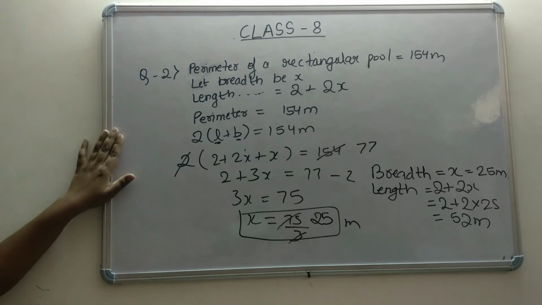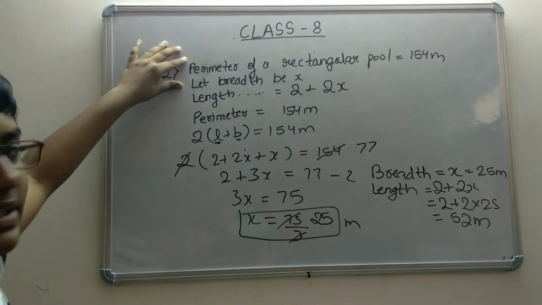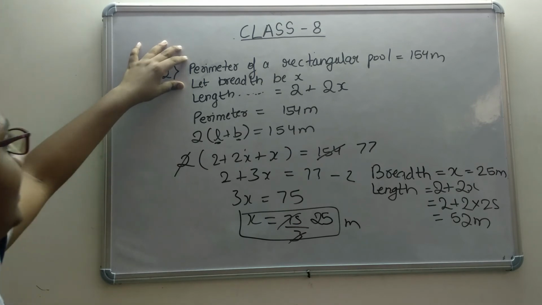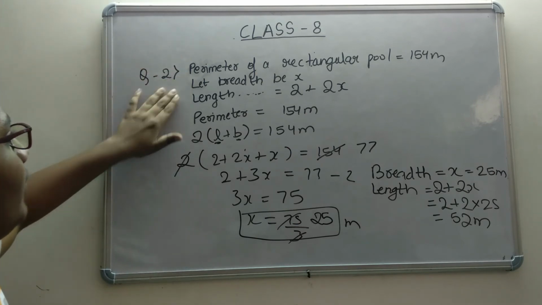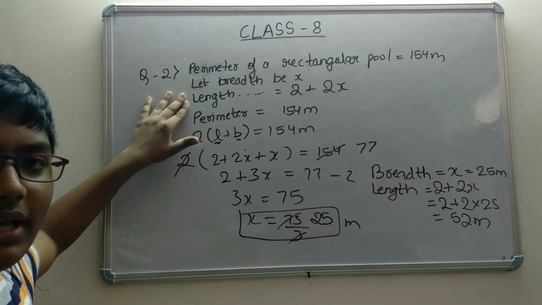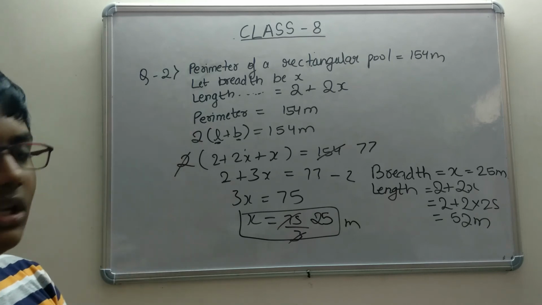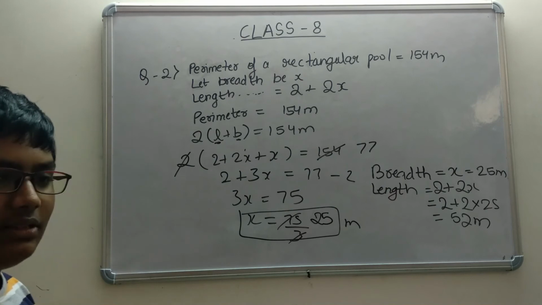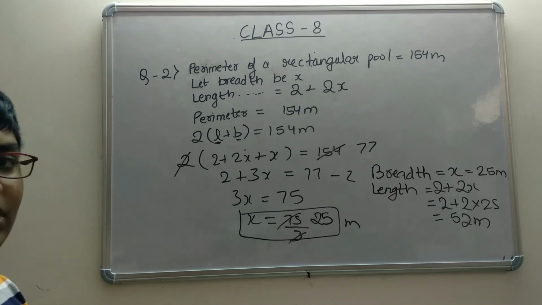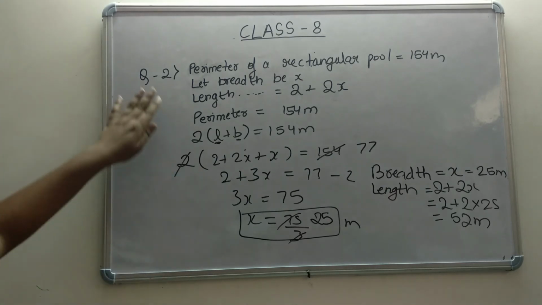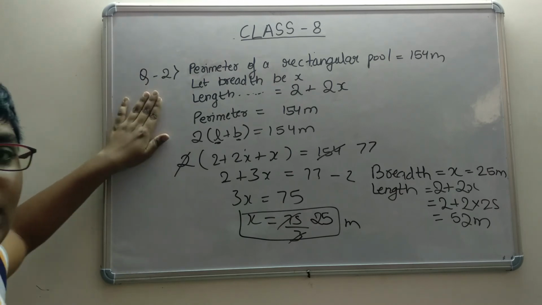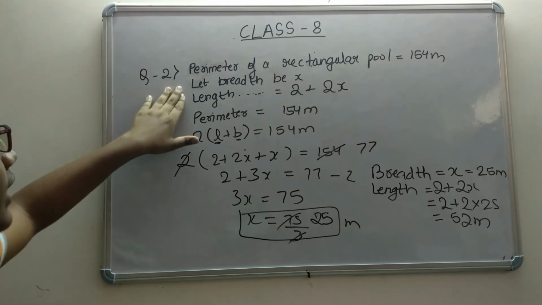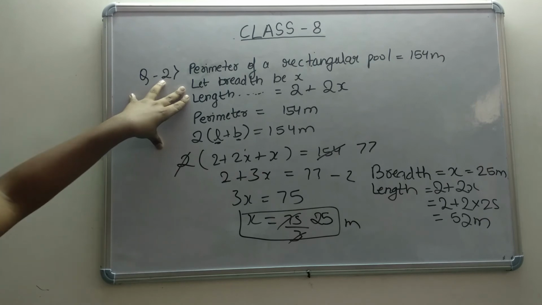So what we did, perimeter was given in numbers only, it was easy, but it was given that length is 2 meters more than twice the breadth. So breadth was not given, but the relation between length and breadth was given, but the values were not given. So we can take x, y, z, any variable we can take. So we took the variable as x.